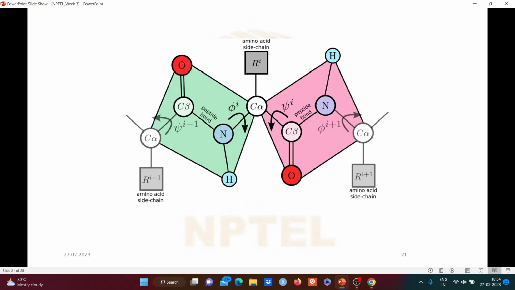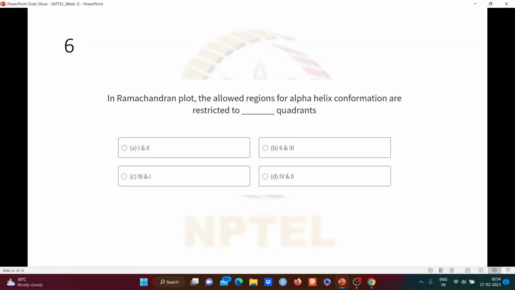And these values are often represented in the Ramachandran plot. I hope that should be the next question. So in the Ramachandran plot, the allowed regions of alpha helix conformations are restricted to which quadrants?